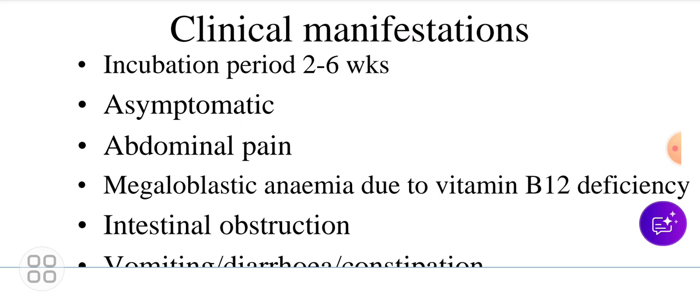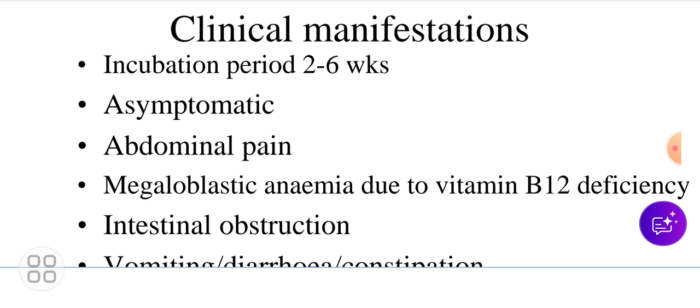And we know that the small intestine is a site of digested food material. This worm feeds on the food, so it shares food with the patient, and especially vitamin B12. It sucks vitamin B12, leading to vitamin B12 deficiency, and the patient may present with megaloblastic anemia due to this deficiency.